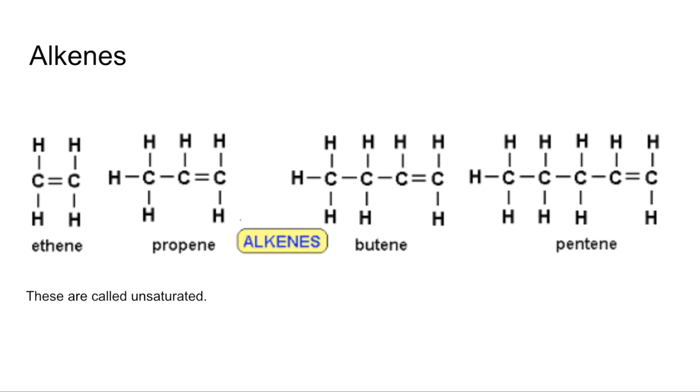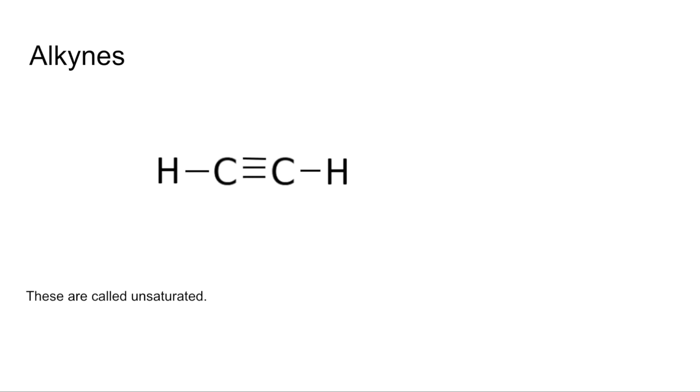And then we could even have a bigger bond than this. How about this one? The alkynes. This one would be ethyne, HCCH here. So the C2H2. So these also would be unsaturated since they have bonds that are not single bonds. All right. So looking at the ratio of carbon to hydrogen can tell us something about what kind of bonds are in there.